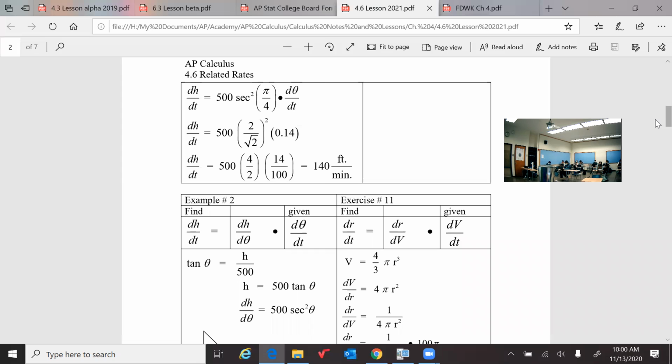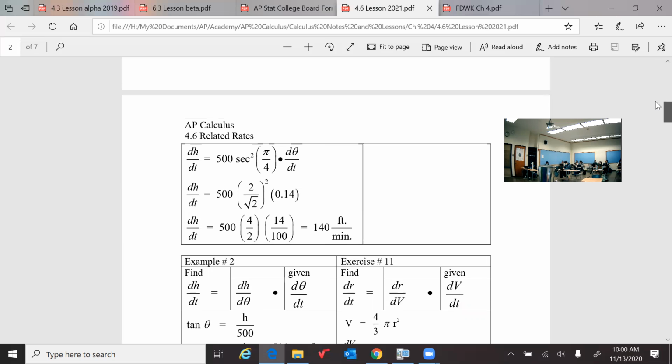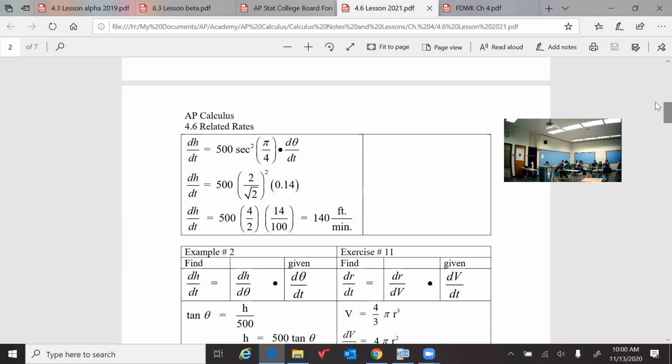So what I want is when theta is pi over 4. What have you got? Well, I got this. And at pi over 4, cosine and sine are both root 2 over 2.